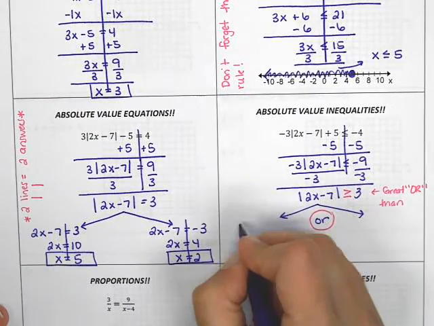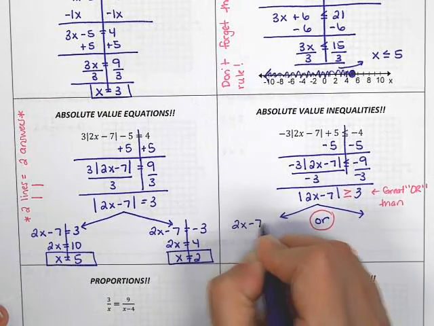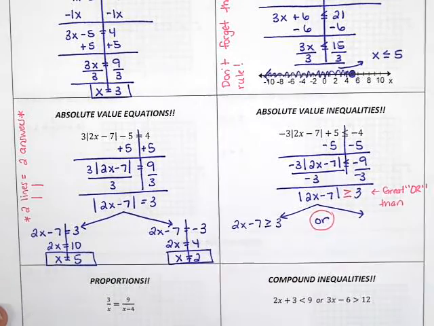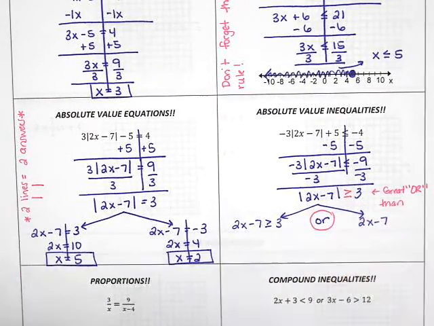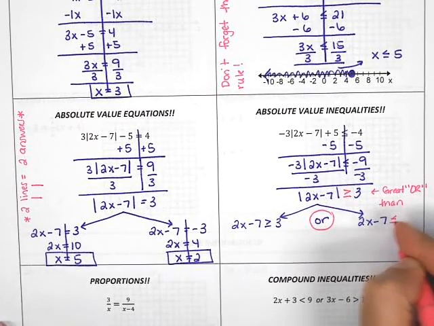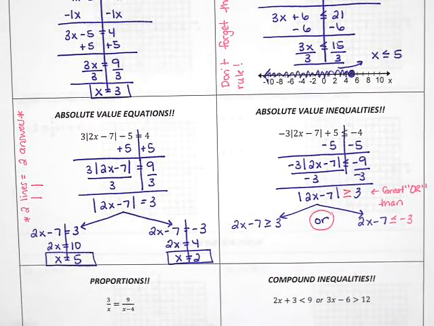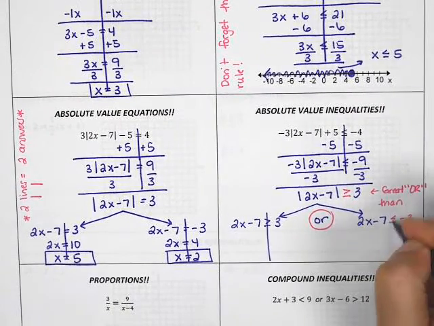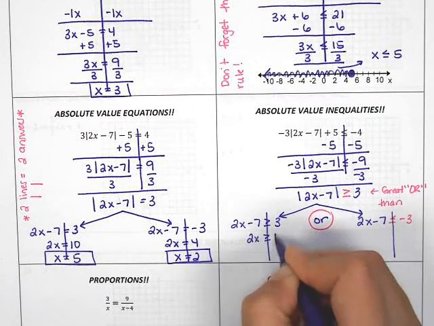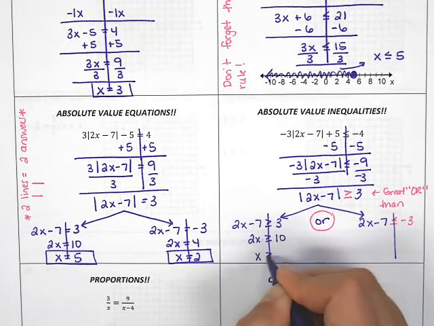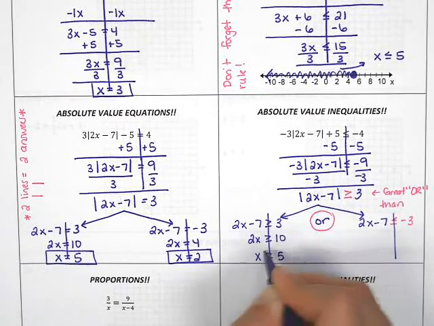The first problem is the same as the original, 2x minus 7 is greater than or equal to 3. And the second problem, what I'm going to do is make two changes. I'm going to flip the inequality symbol and make the number a negative 3 instead of a positive 3. Now I'm going to solve. So just like I did for the other one, I'm going to add 7, so 2x is greater than or equal to 10, and then divide, so x is greater than or equal to 5.